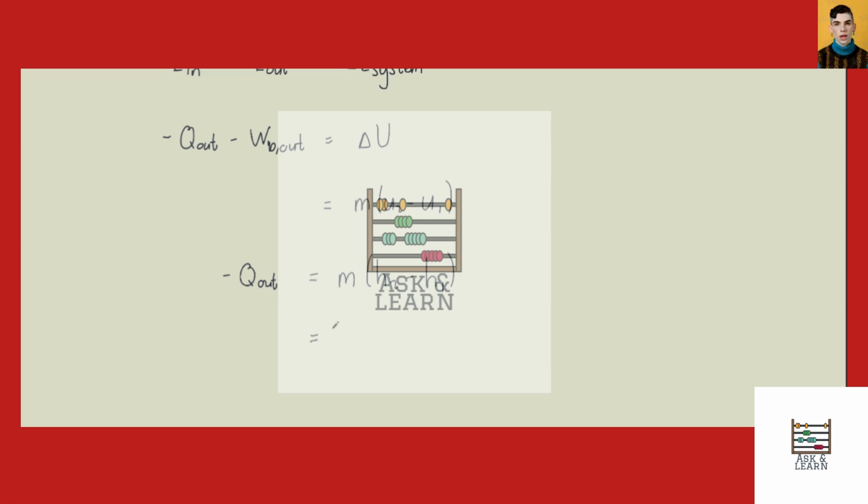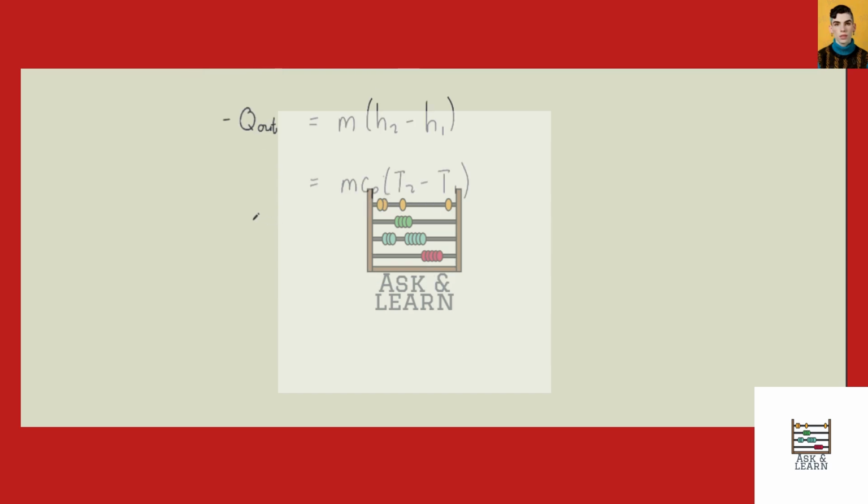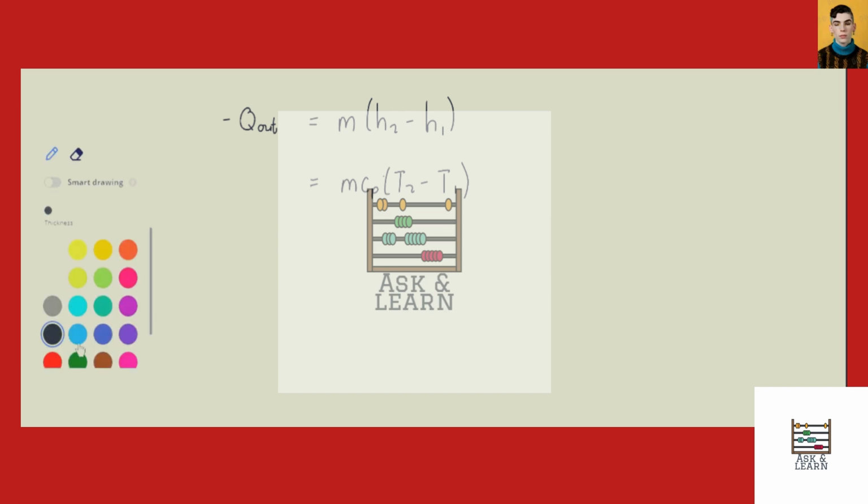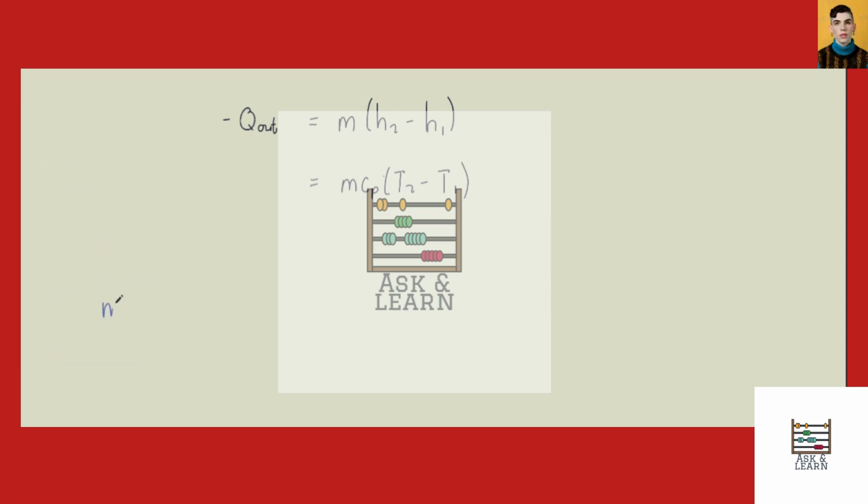And this can also be written as m Cp into the change in temperature, T2 minus T1. So here we have our energy balance equation. Now, the first thing we need to do is find the mass of the nitrogen so that we could use this equation.